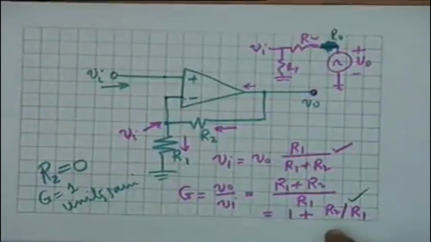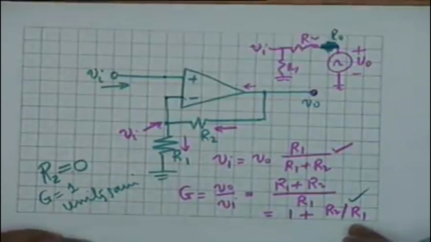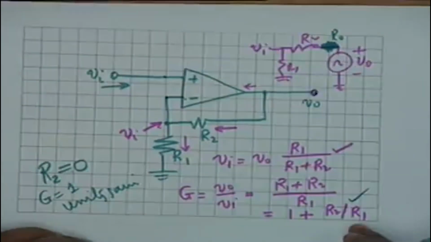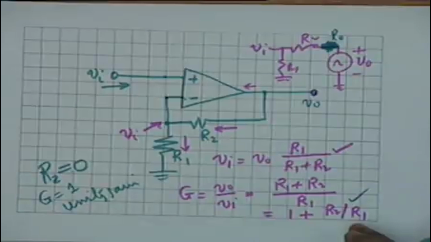One more question that one should ask at this stage is, the gain here is 1 plus R2 by R1, that is, it is greater than unity, whereas the gain in the inverting configuration was minus Rf by Ri, which could be less than 1 or greater than 1. It could also be equal to minus 1 if Rf and Ri were equal.